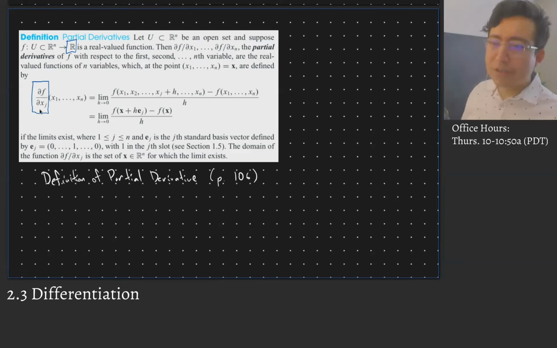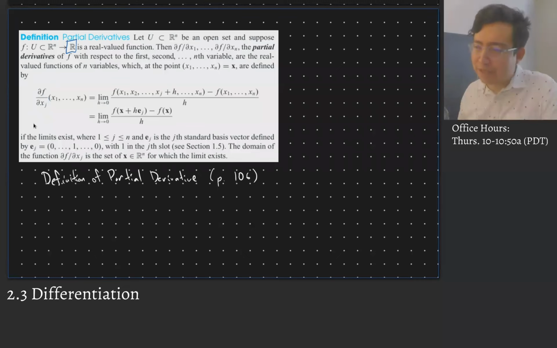The difference from a derivative, where we had df dx, is that we still pronounce it df dx, but the symbol is this squiggly d, like a backwards 6, if you will.